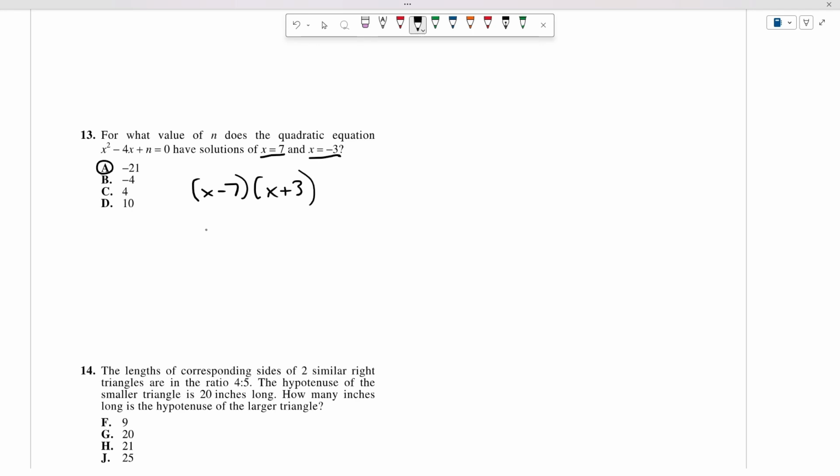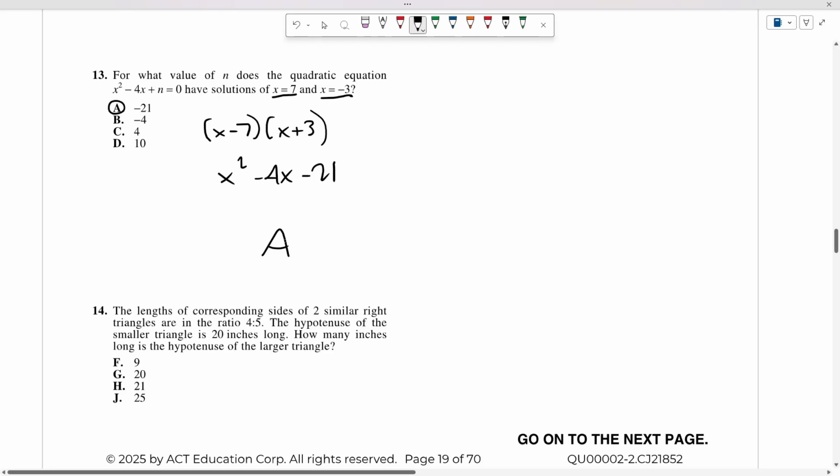You'd have to FOIL this out to figure out what your equation is going to be. Foiling it out would give you the answer, but in my opinion, it might be quicker to just graph this in Desmos on your TestNav and see which answer choice works for n. Number 14.